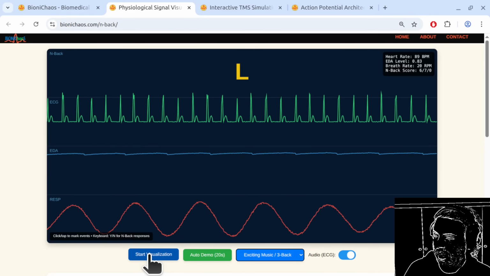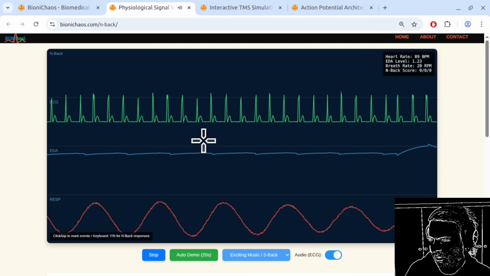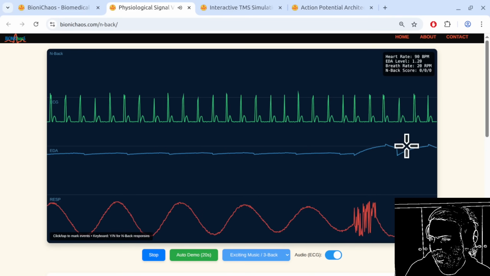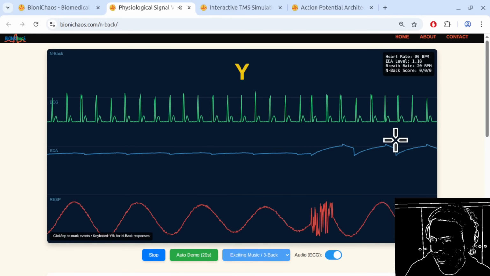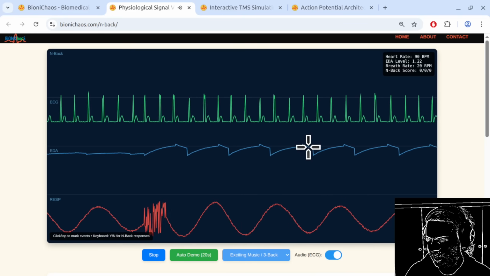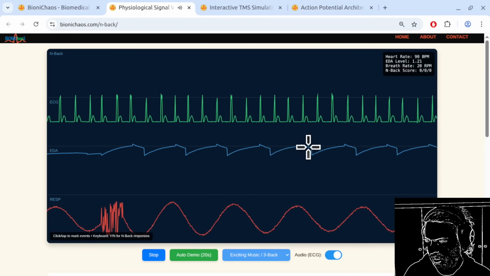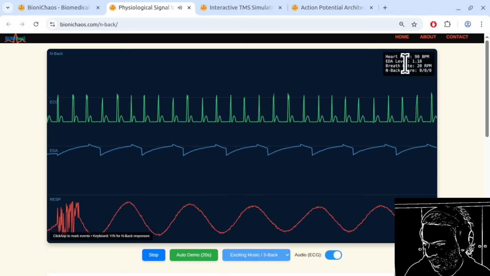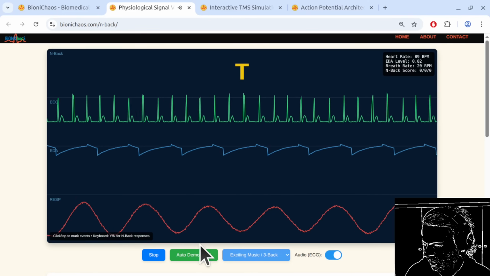So once you're running that, the heart rate in theory should go higher. It actually didn't. And the stress level should go higher. So we get this EDA level of 1 point something.